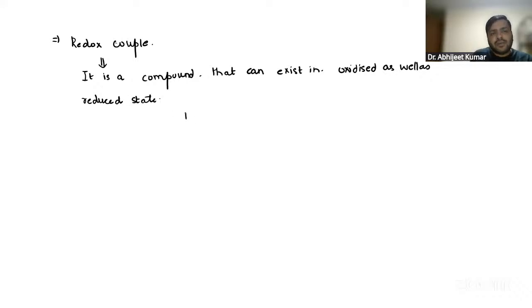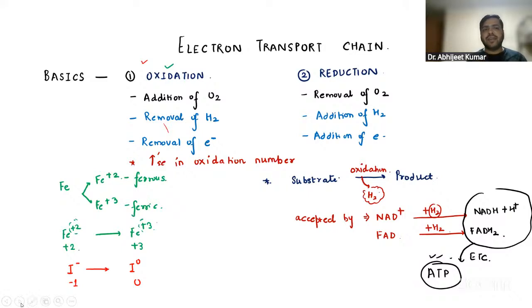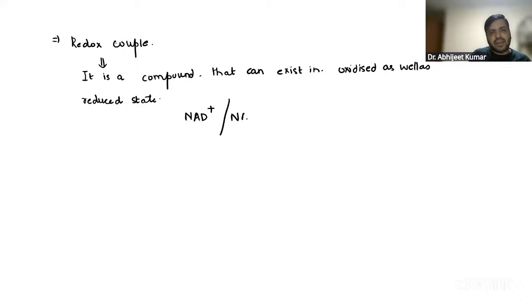For example, NAD plus. Now you already know this NAD plus. This NAD plus is not having the hydrogen part. The hydrogen is already removed over here, so I can say it is oxidized, right? There's no hydrogen over here. And when I say NADH, it is having the hydrogen component. So NAD plus is oxidized, and NADH is reduced.